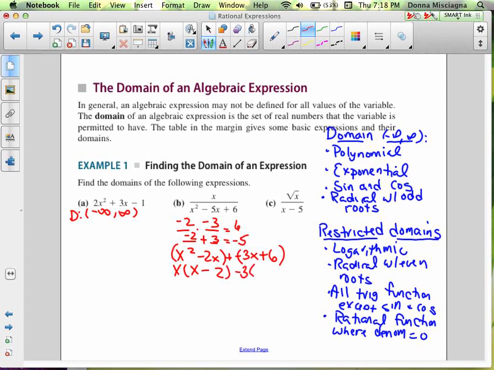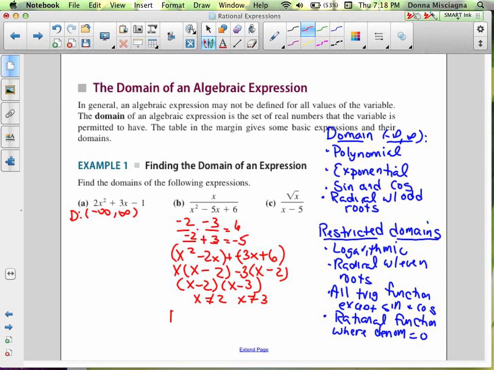Negative 3x divided by negative 3 is an x. 6 divided by negative 3 is a negative 2. Factor out that repeating x minus 2, and we are left with x minus 3. So that means here that x cannot equal 2 and x cannot equal 3 in this particular example, because that would make the denominator of the fraction equal to 0.